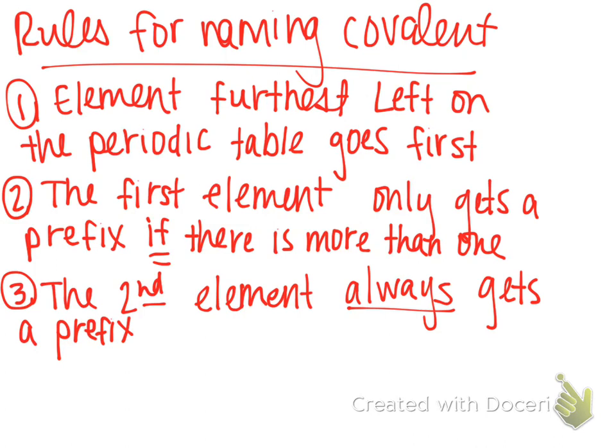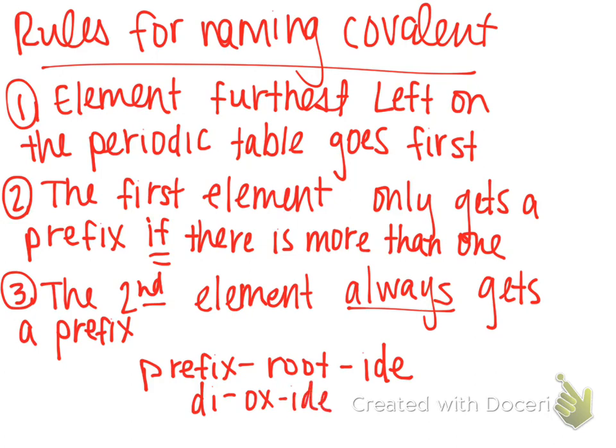Okay, and so the standard for this is that it would look like this. We'd have a prefix, and then the root of the element, and then it always ends with IDE. So when we looked at dioxide, we put it together in one word, but that's the formula. We have the prefix, and then the root of the word, and always going to end in IDE.